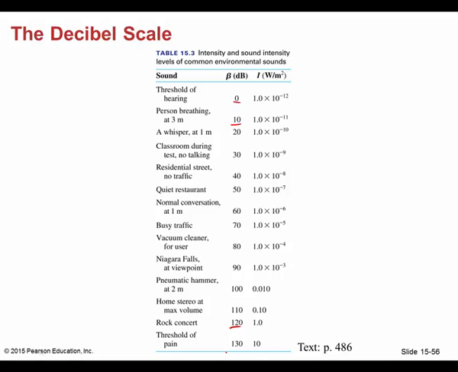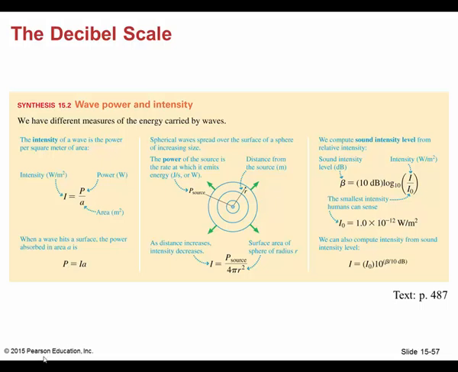No, it's not. A jet airliner is actually probably somewhere right around here to here. Threshold of pain is 130 decibels. In other words, your ears are really going to start hurting there. You go much beyond that and you burst your eardrum. And again, this is just a review of our equations and what they apply to.